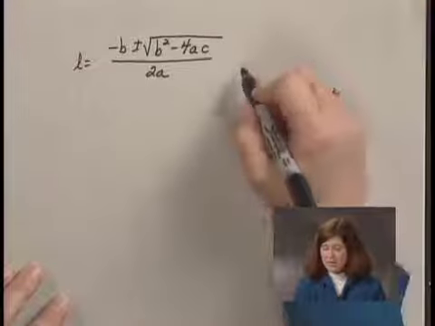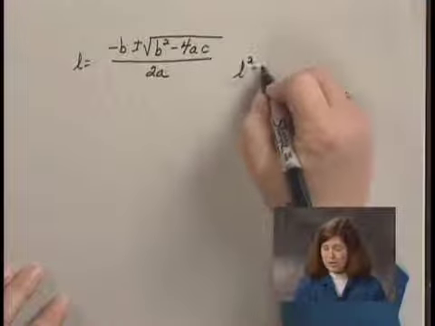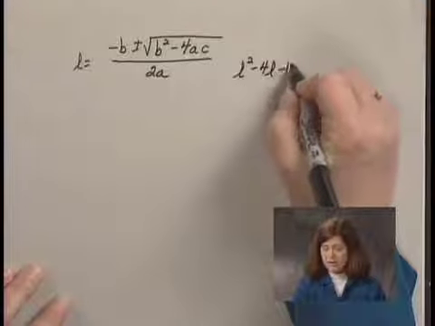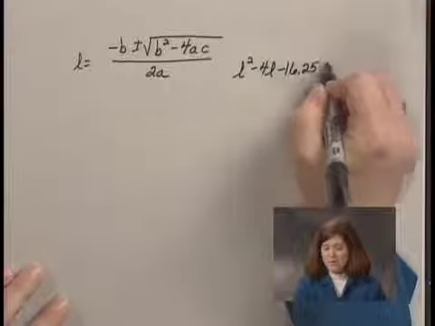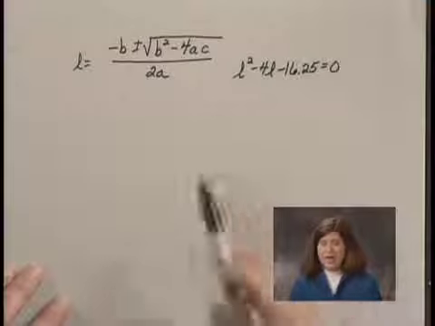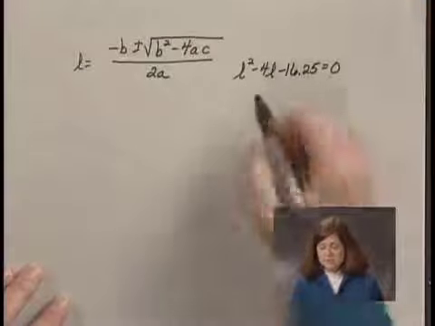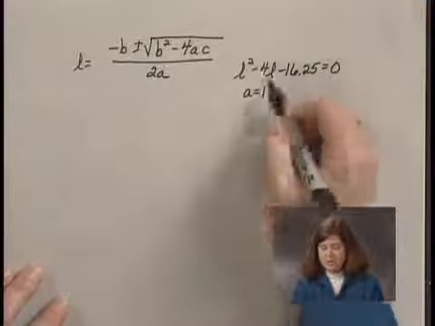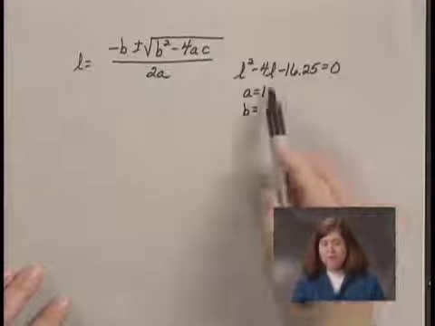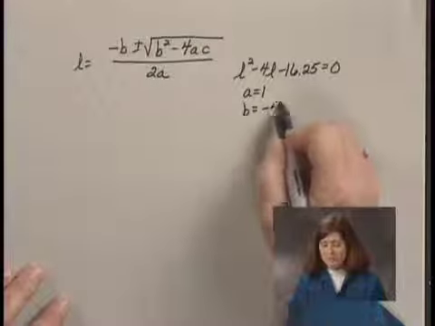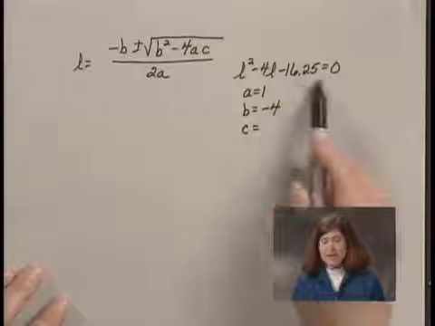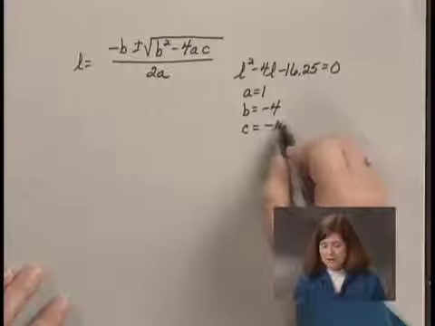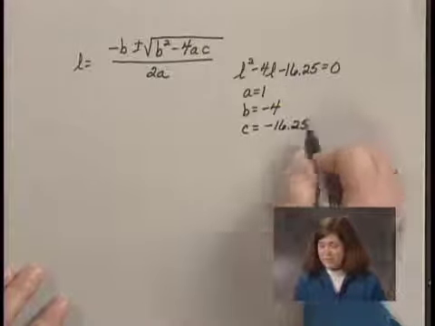We get A, B, and C from the equation L squared minus 4L minus 16.25 equals 0. A is the coefficient of the L squared term, so A is 1. B is the coefficient of the L term, so B is negative 4. And C is the final term, or negative 16.25.